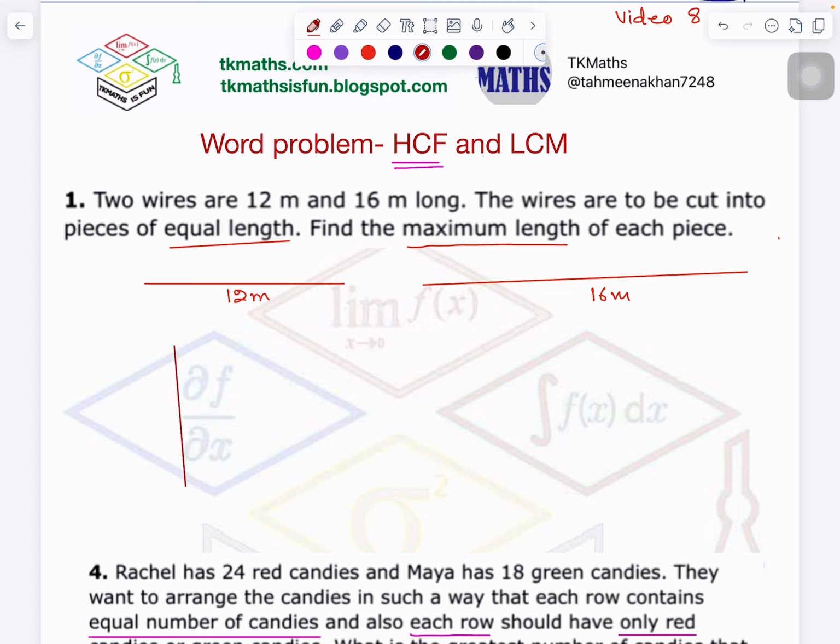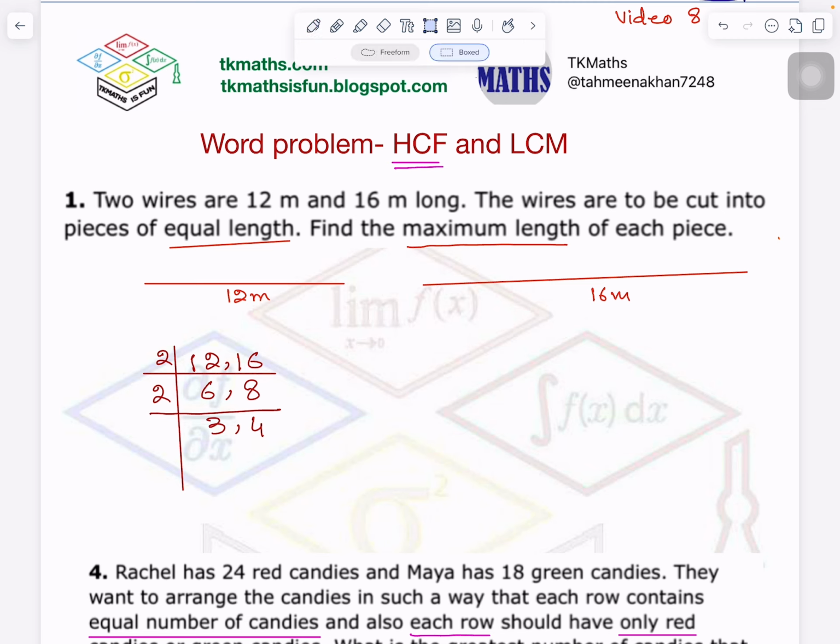We have already seen the method of how to find the highest common factor using the division method. So 2, 6, we always start with the smallest number. 2 6s are 12, 2 8s are 16. Again, I can cancel it by the table of 2. 2 3s are 6, 2 4s are 8. Now I cannot cancel it by any table which can cancel 3 and 4 together. 3 is a prime number.